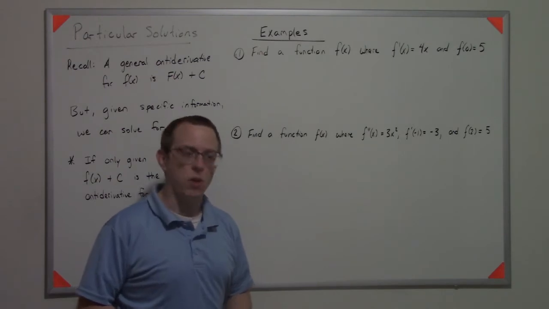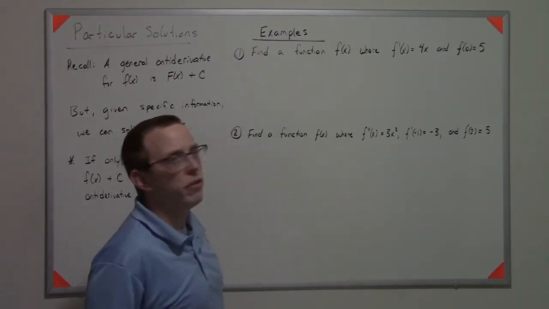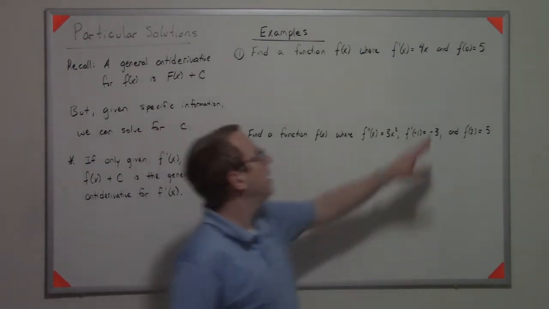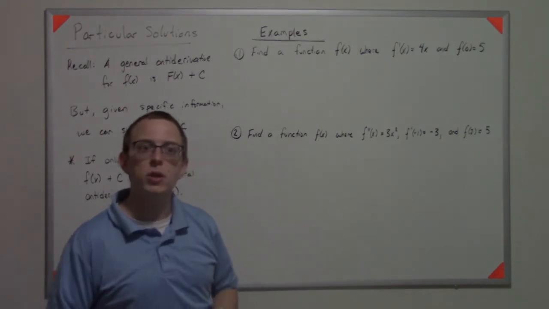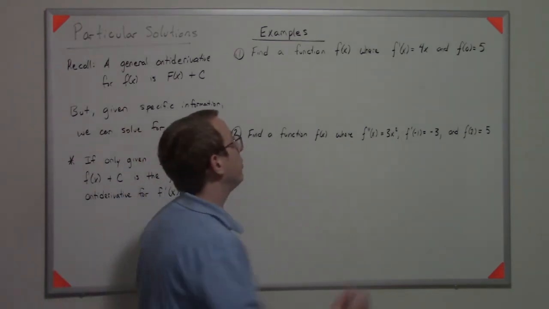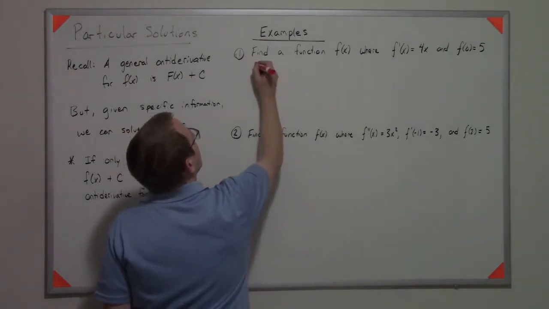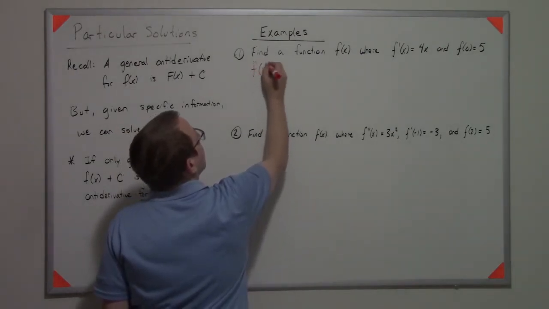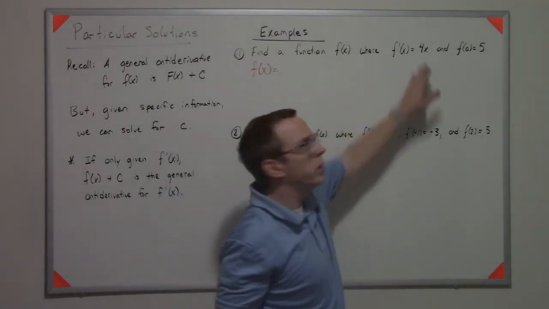Anyway, let's get started. I need to find a function where f prime of x is 4x and f of 0 is equal to 5. So the way we're going to do this is we're going to find the antiderivative. So if f prime is 4x, then f of x, we have to do the power rule here.